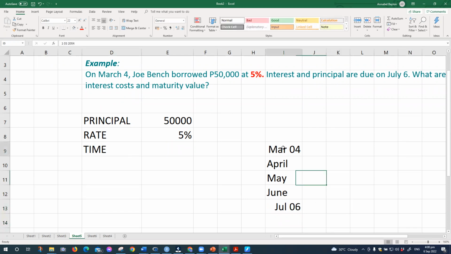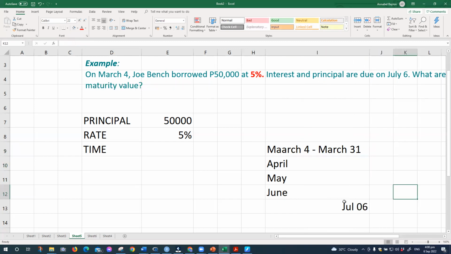So quickly, March 4 hanggang March 31. Okay, March 4 to March 31. Ang tanong, ilang days to? So how do we compute for that?